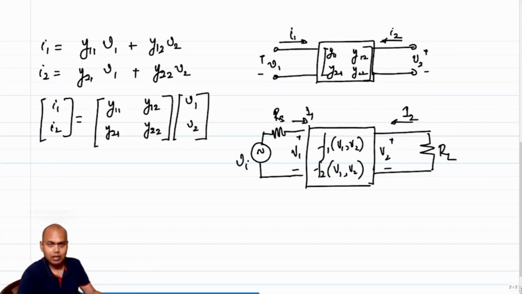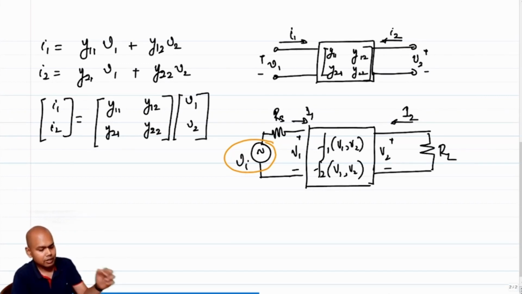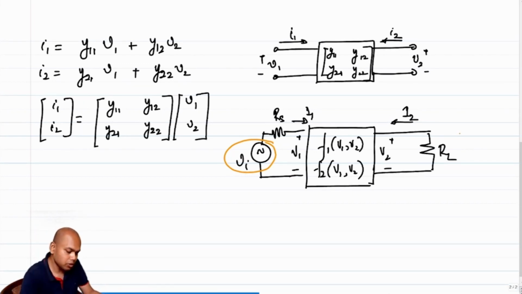At present, we are interested in finding out what happens if this input Vi changes by a small amount, right? What happens to the voltage across the RL? In other words, we understand that if I apply a small perturbation Vi, the port voltage V1 will change to V1 plus some small v1.